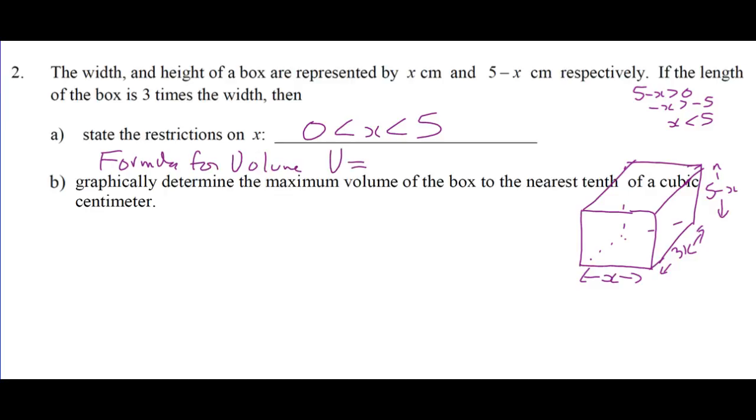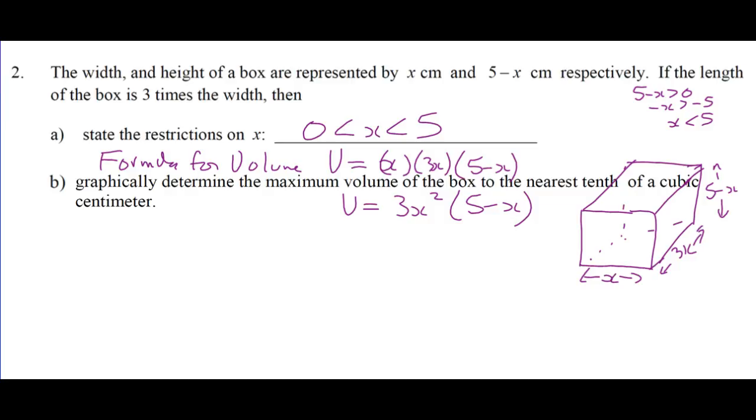So what's V equal to? x times 3x times 5 minus x, which we can expand out. But we don't really need to expand it out. Let's just do this. The volume is 3x squared times 5 minus x.